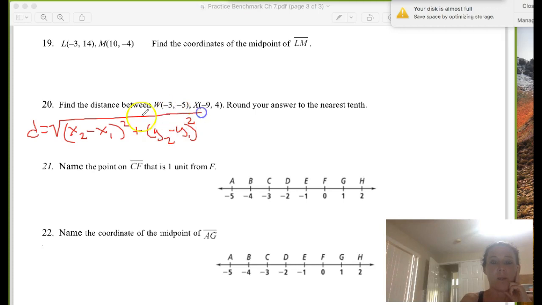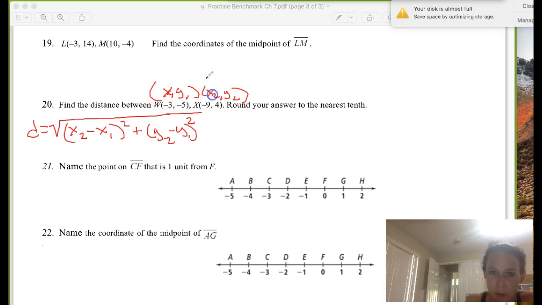Now, it doesn't matter which one is your x1 or your y1, as long as you do it in the same order. Meaning, if you label this x1, y1, and this point x2, y2, okay? Or you can label this x2, y2, and this x1, y1. Just make sure your 2's are together and your 1's are together, all right?